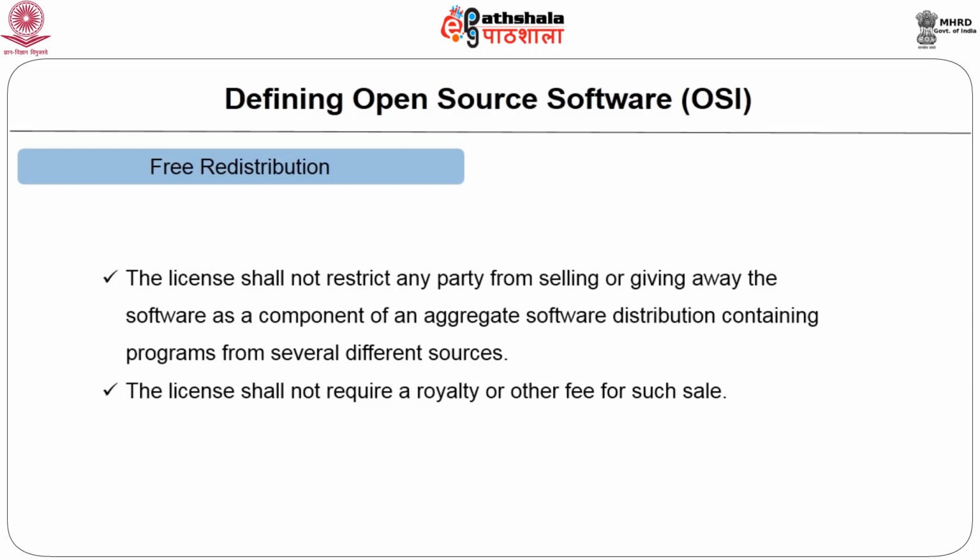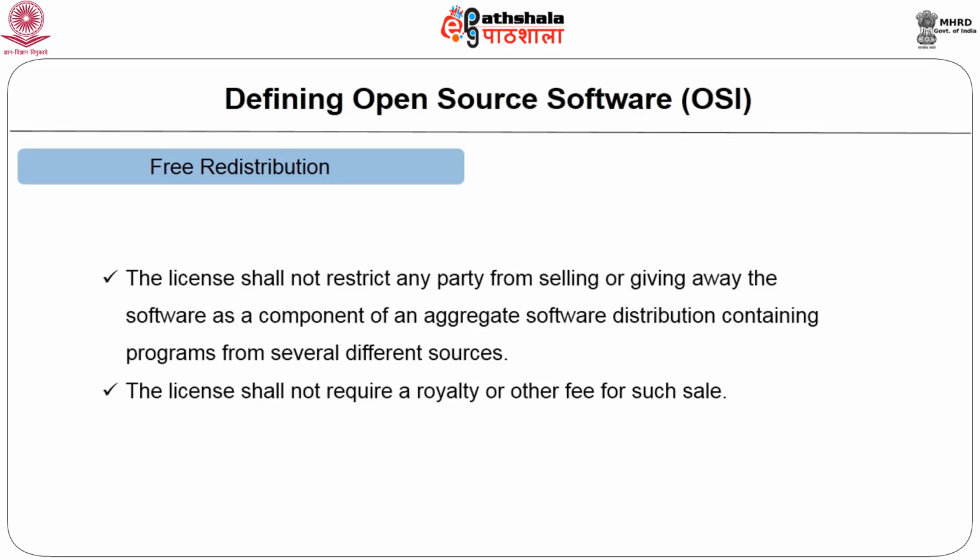So, by default, whoever is the creator of a program has the copyrights of that program. Now, suppose the program has to be given to someone else, there has to be a license. So, in open source there are lots of licenses.